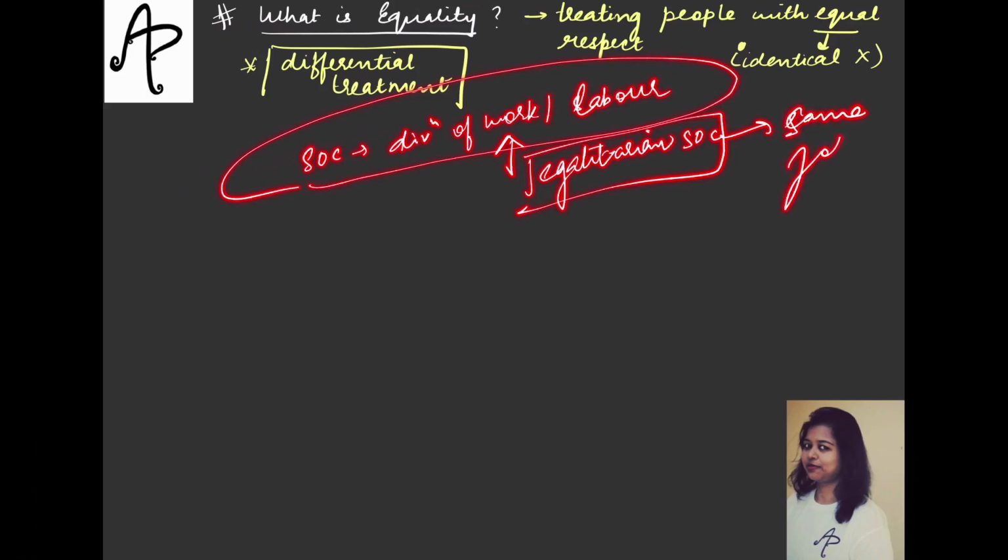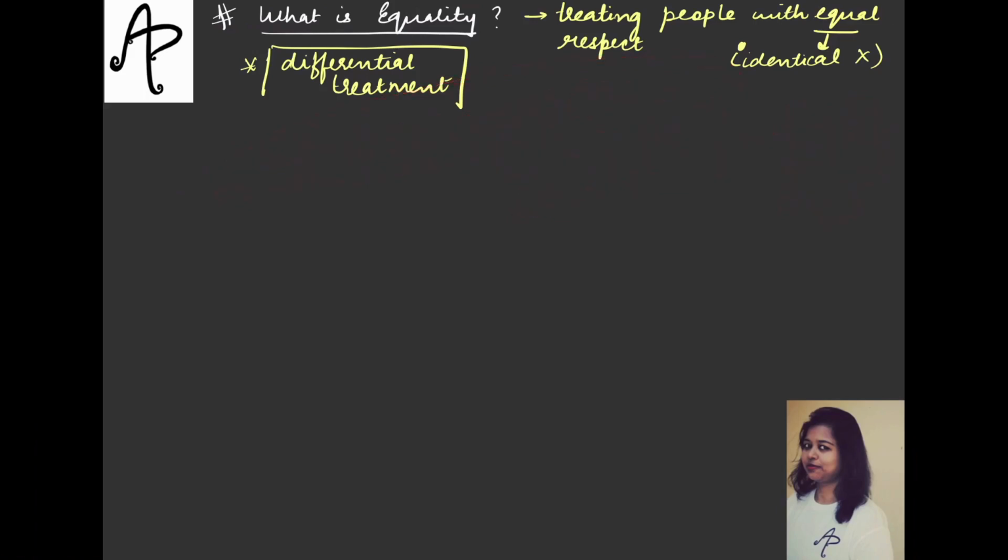Because to treat everybody equally, you would need to place them in that situation, that everybody is doing the same job, which is practically not possible in a society, right? So there is always going to be the division of work or labor in society. That is going to happen.